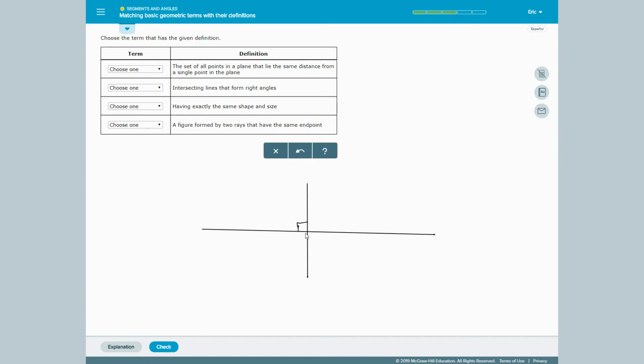Those are perpendicular lines. They're not any lines that cross. No. They're special lines that cross. They're lines that cross and form right angles, which means that on a perpendicular line, each and every angle formed by it is 90. That's a perpendicular line.